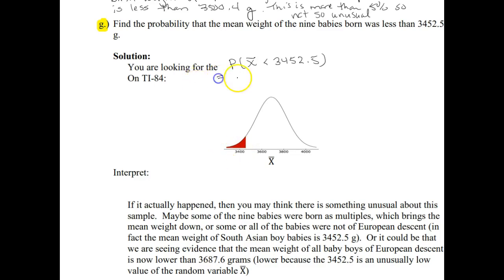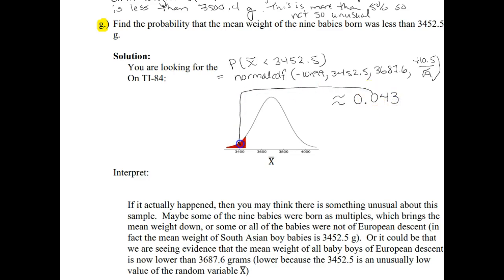So this is going to be equal to normal CDF, negative 10 up arrow 99 to 3,452.5. And then our mean is still 3,687.6, and the standard deviation is still 410.5 over the square root of 9. If we input that to the calculator, we will get roughly 0.043. So that probability represents the shaded area that is here.